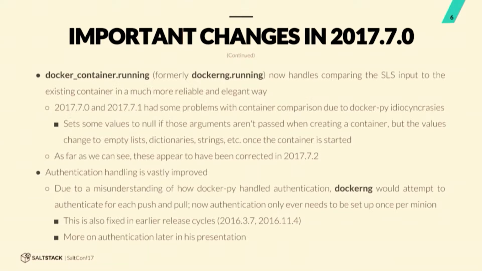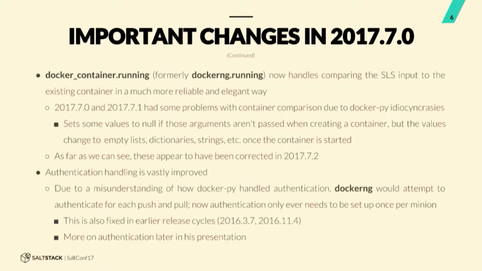I will say that there are a few arguments, some of the OOM arguments, and I forget if there are any other ones, but essentially, the way that Docker Py passes those, it passes them as null values, even though the proper value should be like an empty list or dictionary, and so that messes with comparisons.